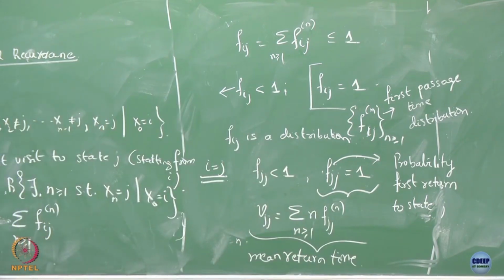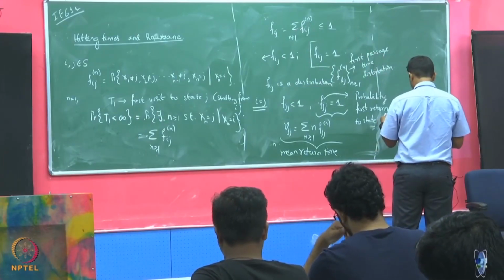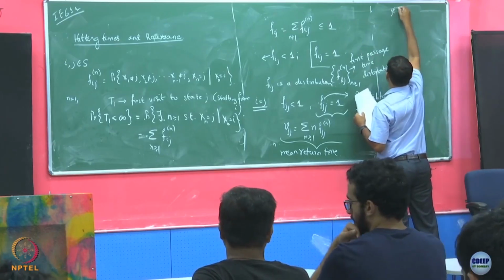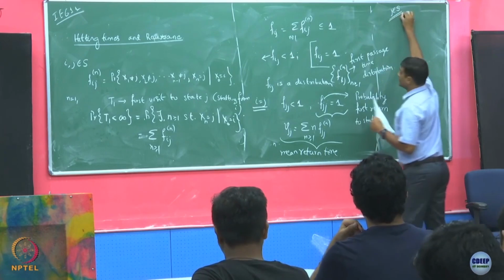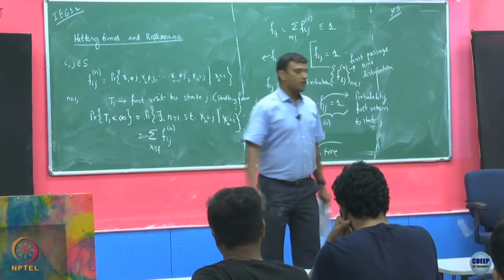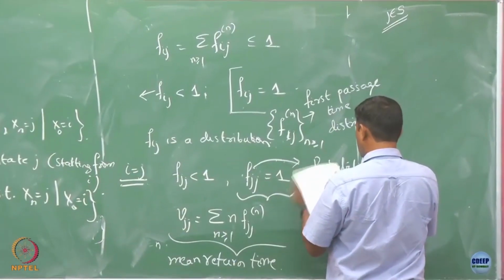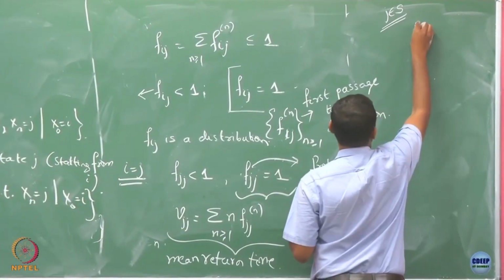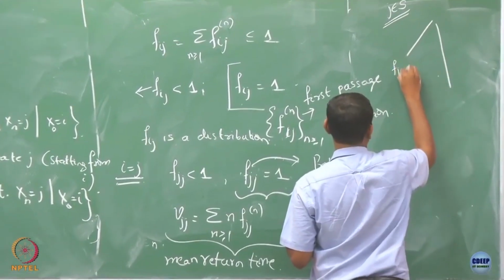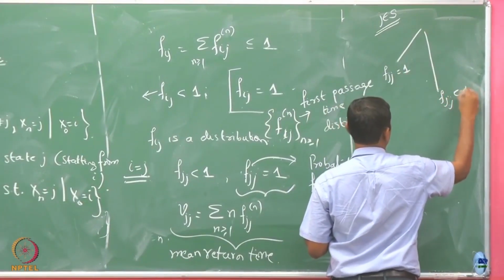Now we can classify the state based on these observations. Suppose my Fjj is equal to 1, or my Fjj can be less than 1.